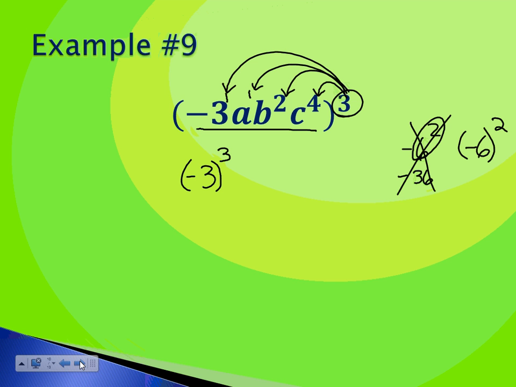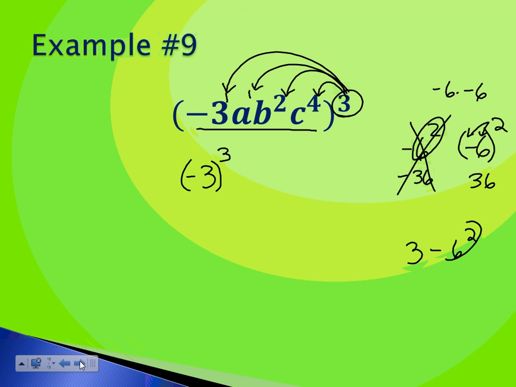When you're going to square something, you've got to put parentheses around it, because what's that going to do? This means to square both the negative and the 6 and do -6 times -6, which gives you a positive. Did you ever see the difference? If I gave you something like 3 minus 6 squared, what would you do?